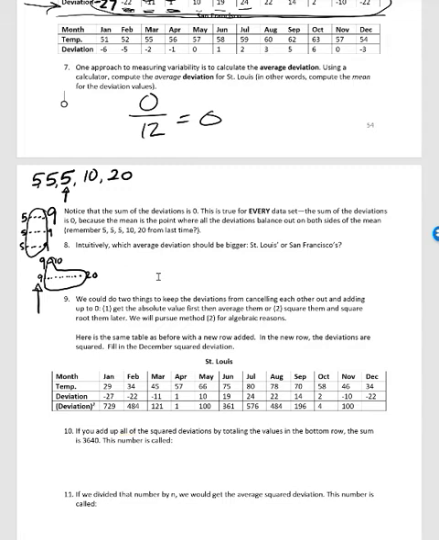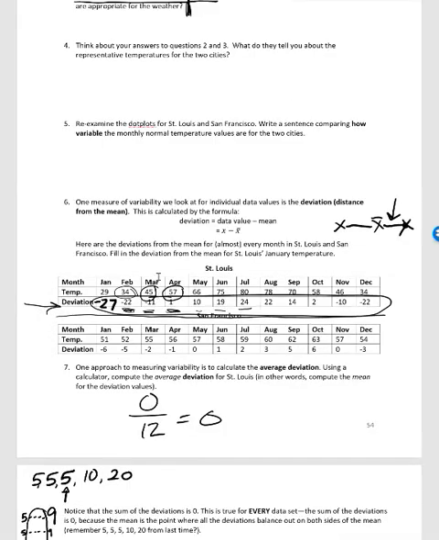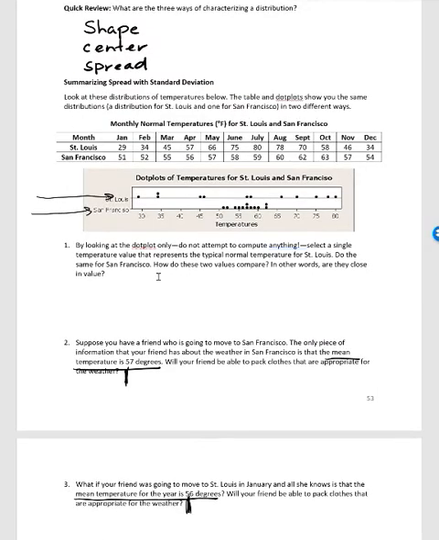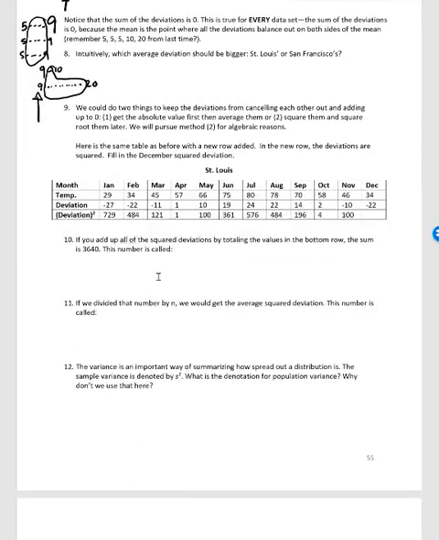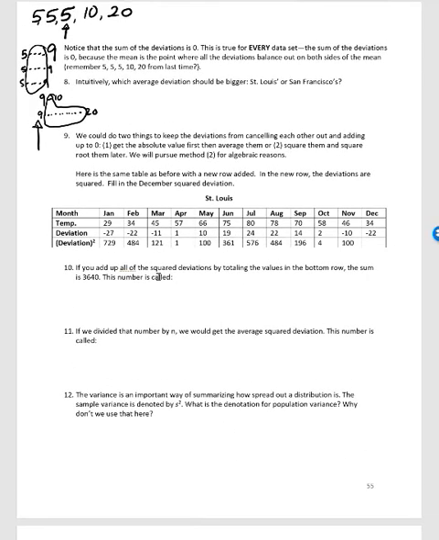If it's always 0, looking at these dot plots, would you expect both to have 0 average deviation? No. So intuitively, which of those cities do you suspect should have a bigger average deviation?